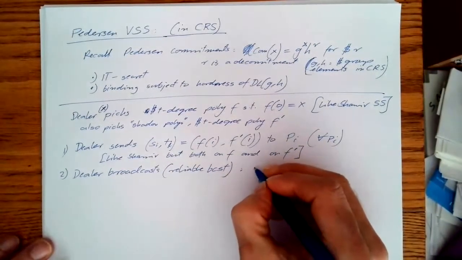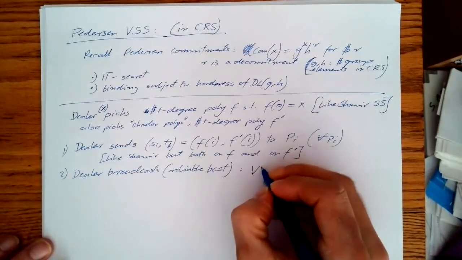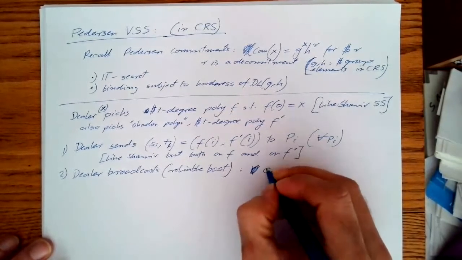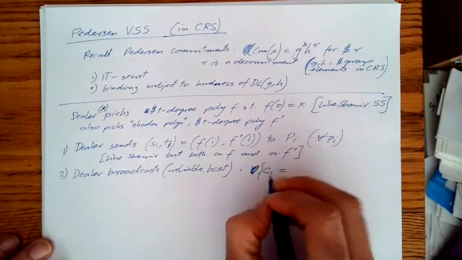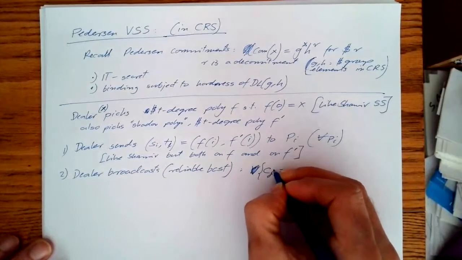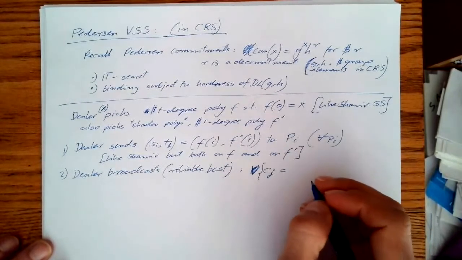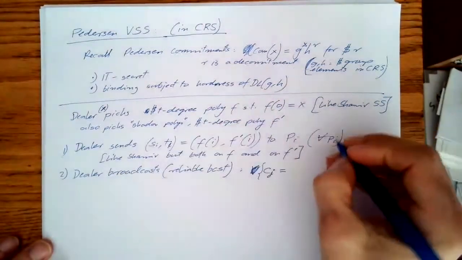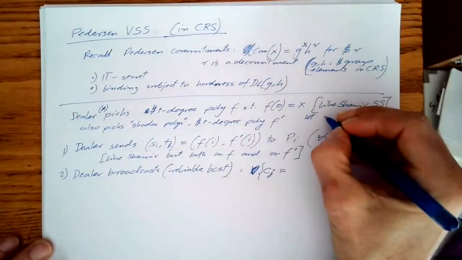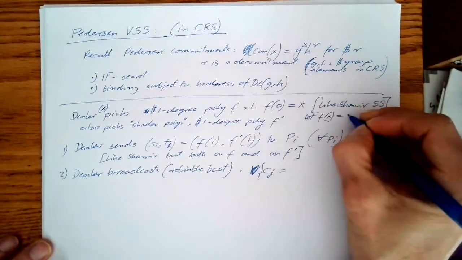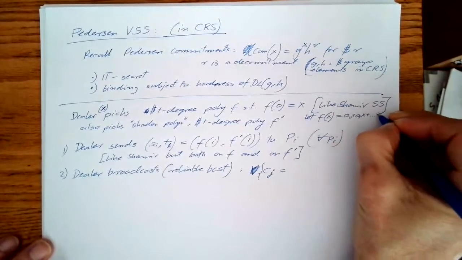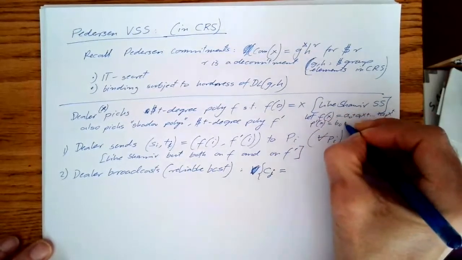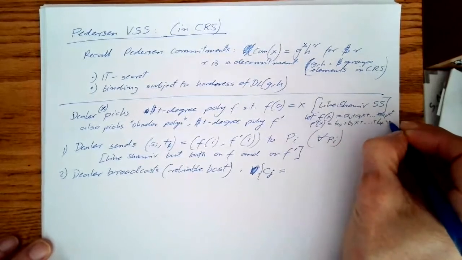A broadcast of the following set of values, which I will call the Cj. Let f(x) be a0 plus a1x plus ... plus at x^t, and let f prime(x) be b0 plus b1x plus ... plus bt x^t.